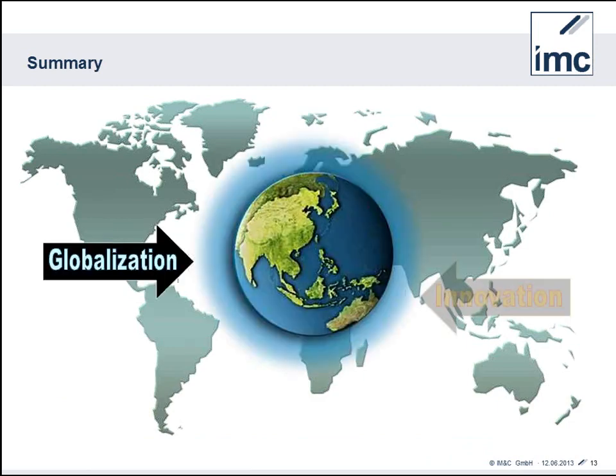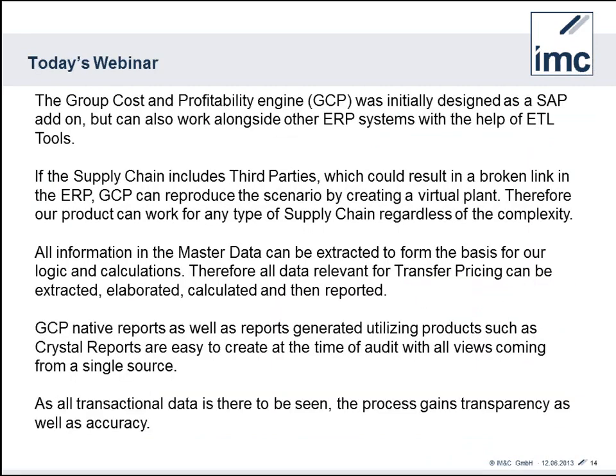Now, in terms of summarizing what I said, basically, the Group Cost and Profitability engine, as you see, looks like SAP, has been designed as an SAP add-on, but can also work with other ERP systems.